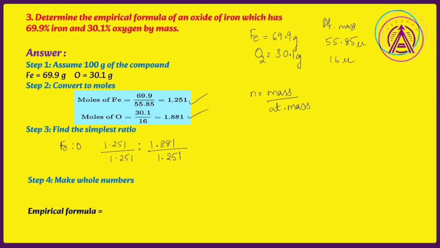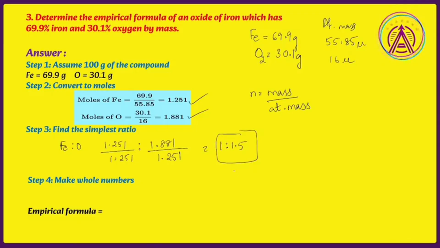So first you find the number of moles, then convert these moles to the simplest ratio by dividing by the lowest value that you have got. So I get 1 is to 1.5 as my ratio of iron to oxygen.